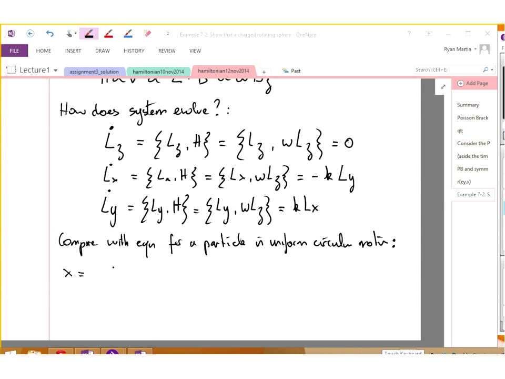For a particle in uniform circular motion, let's say it's a particle going around a circle of radius 1, the x component of that particle as a function of time is cos omega t, and the y component is sine omega t, the y position. That's just some particle going around in a circle.